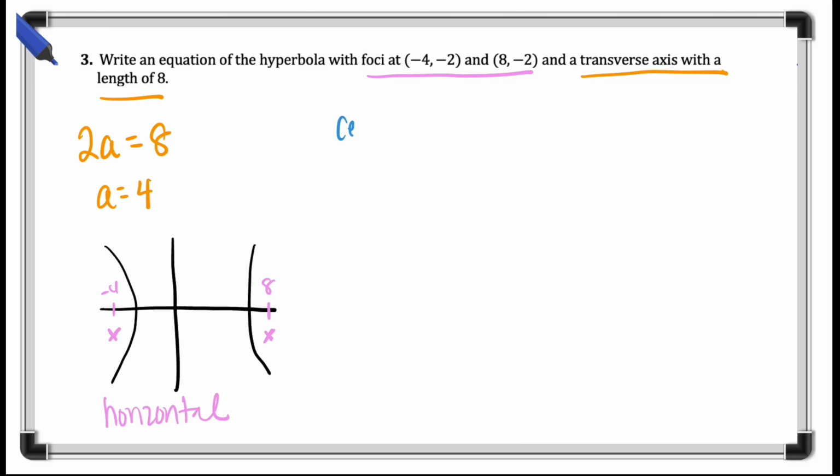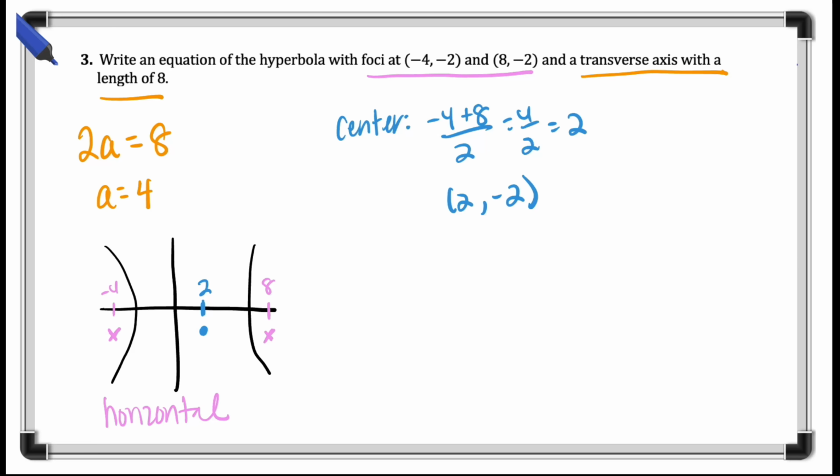So what we have then is, from those foci, let me find the center. Remember, I can take the values that I know: -4 and 8, those are the ones that change. If I find the exact middle of that, you get 4/2, which is 2. So the new x value is going to be 2, but the y value is still going to be the same, -2.